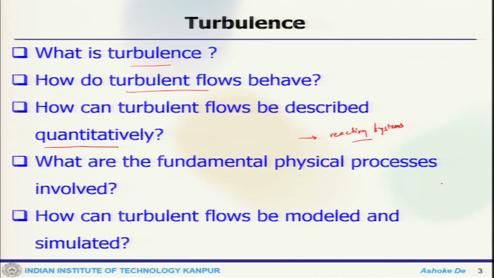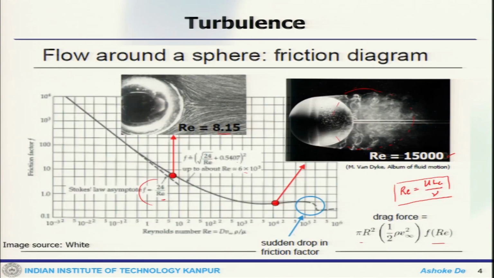Just to quickly review what we are going to do in this discussion: we first look at what turbulence is and the behavior of turbulent flow, then we will try to characterize it, and then finally some of the processes which are involved and the modeling aspect. And then we started off with this particular example of the sphere.